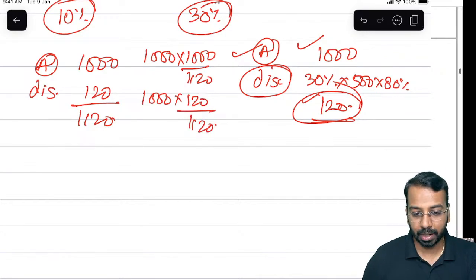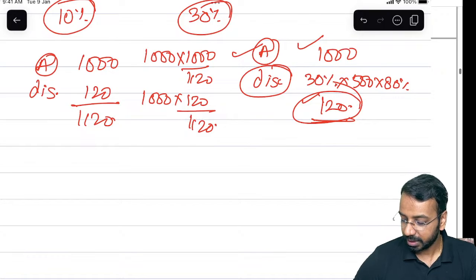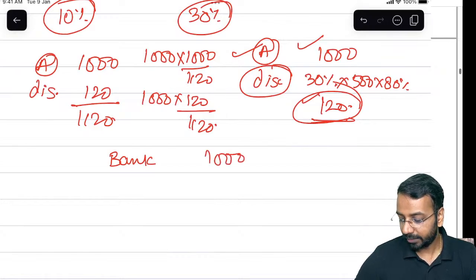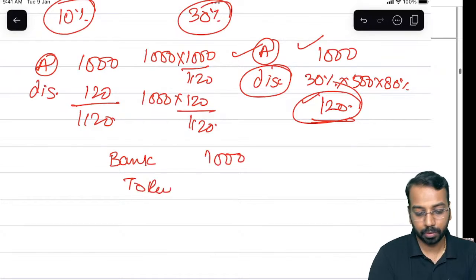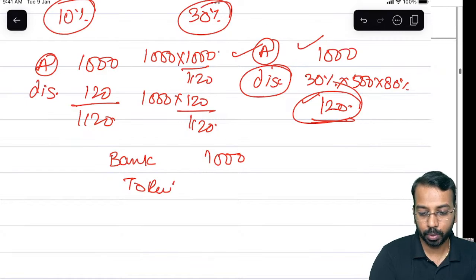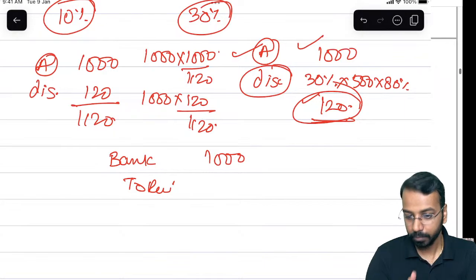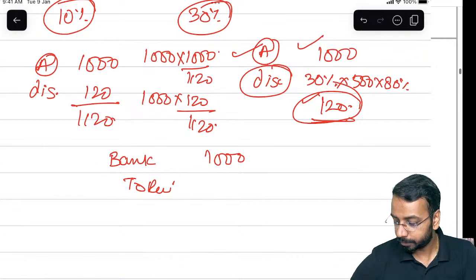Okay. Now when you account for it, debit bank 1000, credit revenue whatever number you get. So 1000 into 1000 divided by 1120, you get 892.